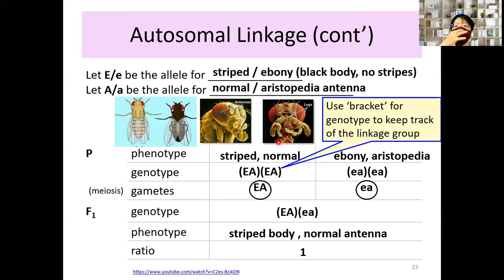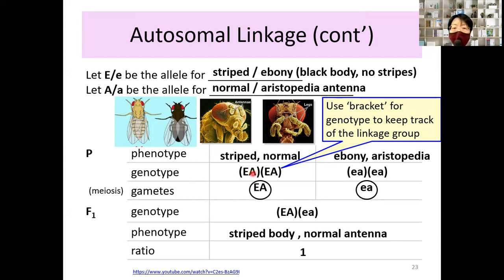Okay. So the gene for E, which is the pattern at the abdomen, and the gene for A, which is the pattern of the antenna, they are linked genes. So when you do the genetic crosses for linked genes, everything's the same except that you have to put a bracket to bracket the 2 linked genes together to show that they are found in the same chromosome.